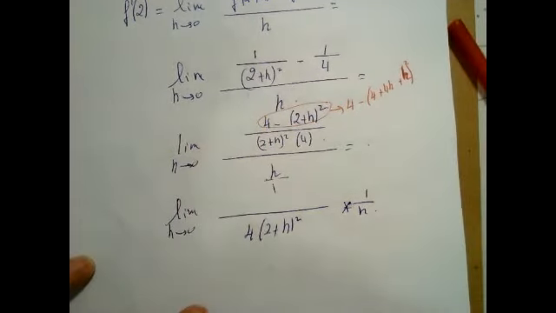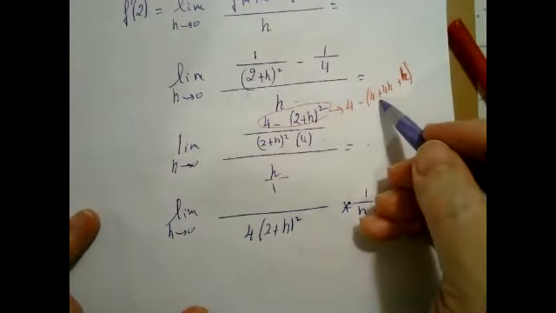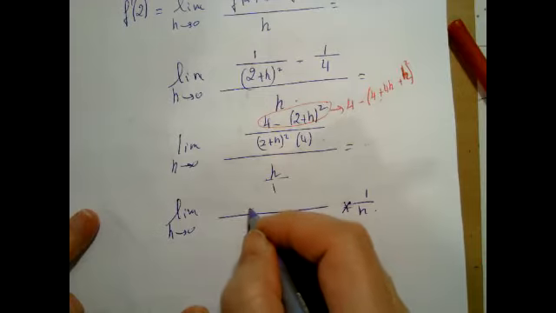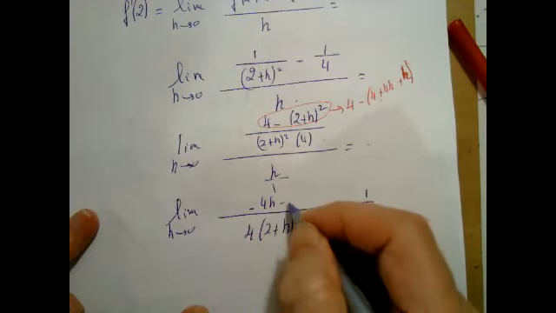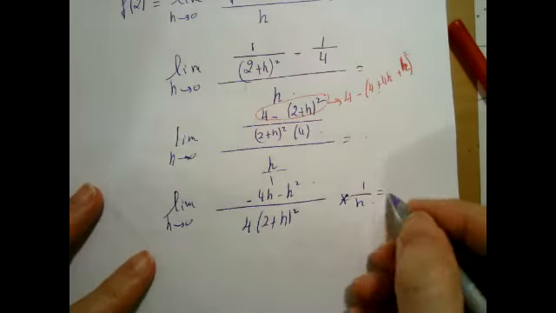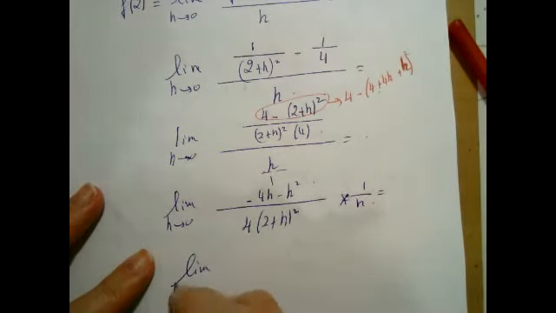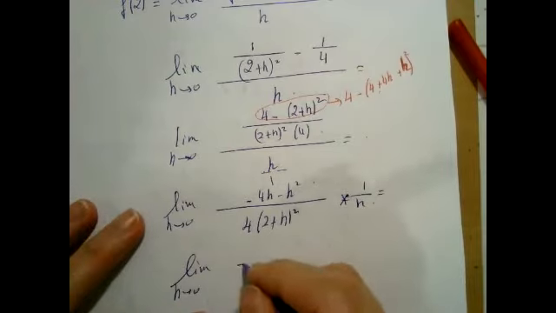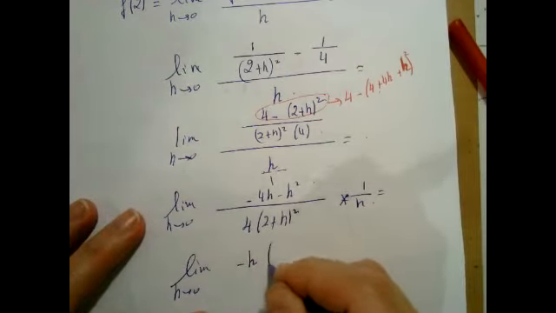All right, so let's do that. 4 minus 4, they cancel each other. I'm going to have minus 4h minus h squared. Okay, so now we will factor out the h or the minus h if you want.